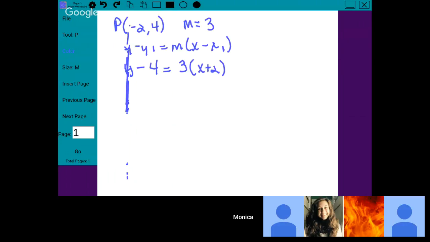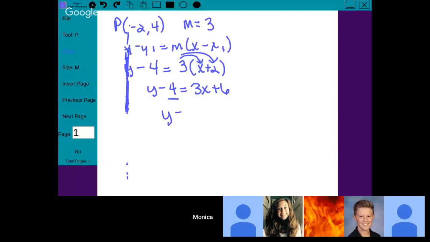I don't know why this is writing all over the screen, so bear with me on that. Y minus 4 equals, now we have to distribute this in here. So 3 times x is 3x, and then 3 times 2 is 6. So now we need to move this 4 over. Since we're subtracting 4, we'll add 4 to both sides and get y equals 3x plus 10.